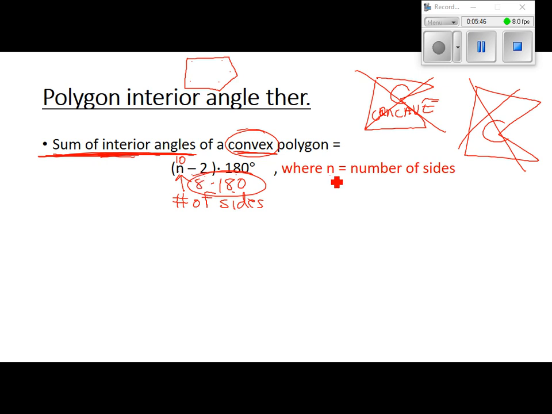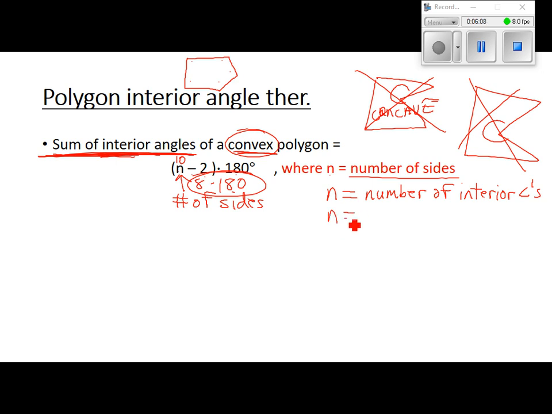And no, N here stands for the number of sides. Well, N can also be the number of interior angles, because the number of sides the shape has and the number of interior angles it has is always the same.